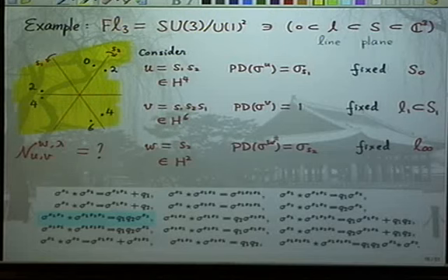In this case we choose u as s1 s2, and the Poincaré dual is sigma s1. The cell corresponds to these critical points. And then v is s1 s2 s1, so it's H upper 6.